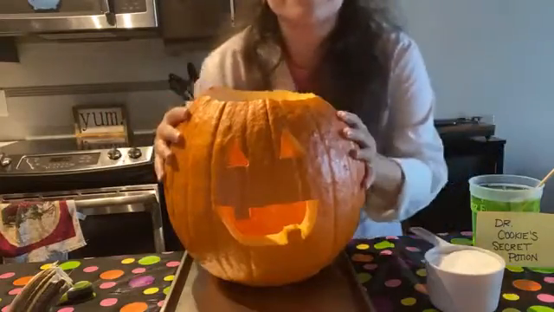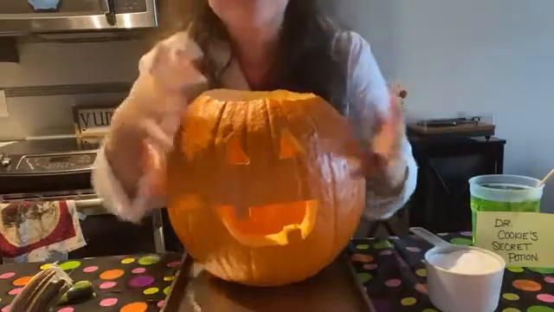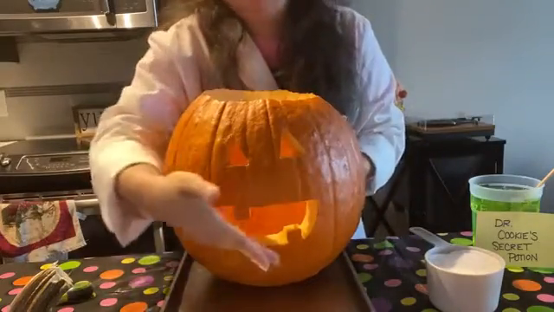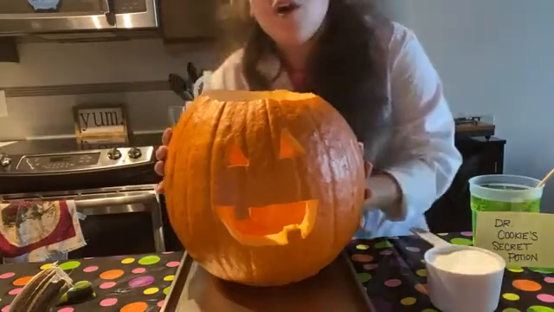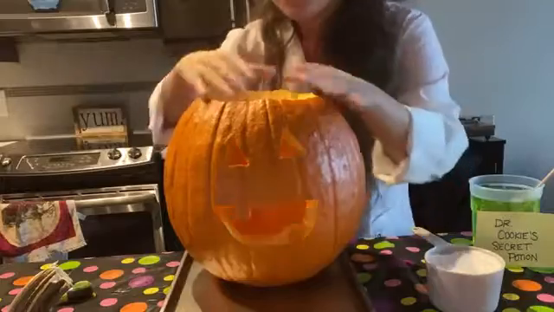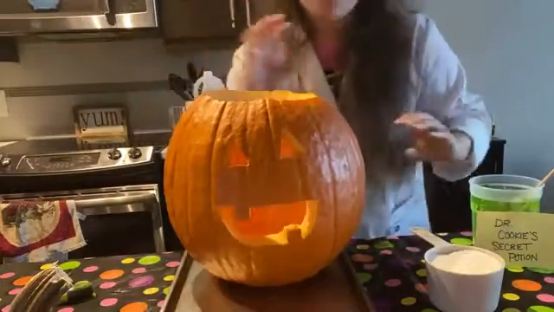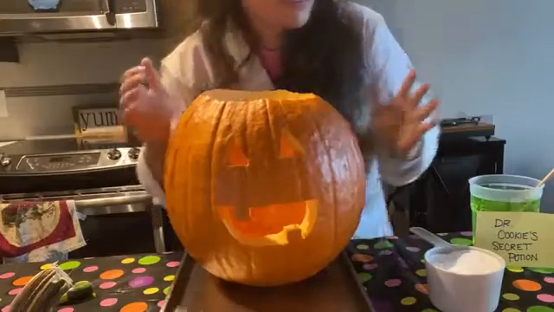Okay, so for this experiment, if you are following along at home, you are going to have your pumpkin. It can be carved like Fred is, my best friend, or you can have a bucket of a pumpkin, or it can just be a regular pumpkin with the top off. Whatever is your choice. Have your pumpkin ready.